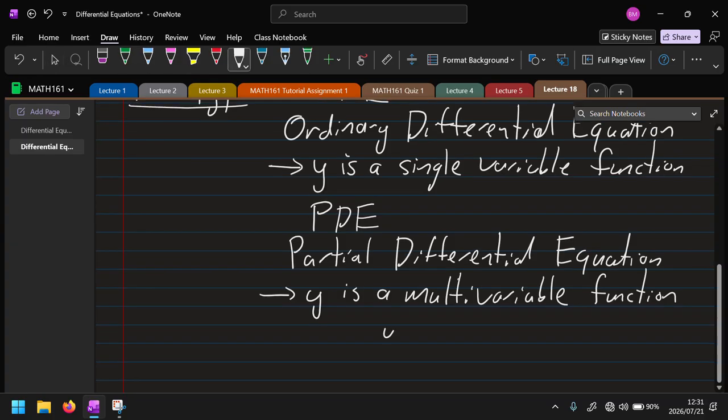For example, we might have y is y of x and t. Maybe it depends on position and time. If that is inside a differential equation, then it is a PDE, a partial differential equation.